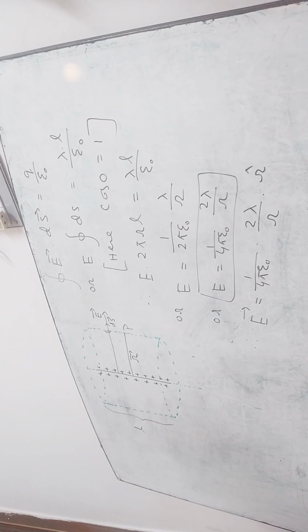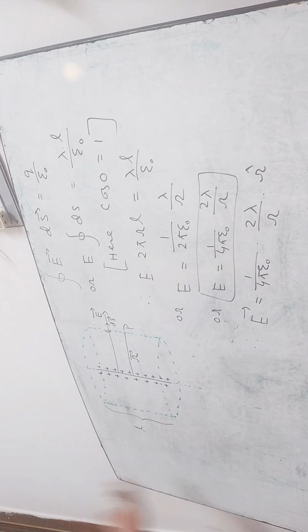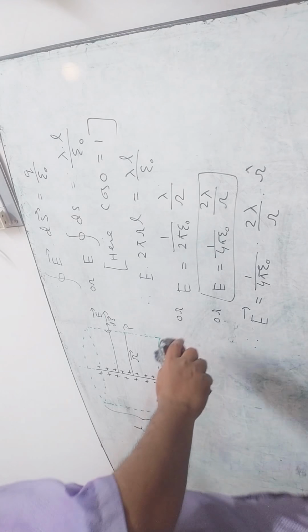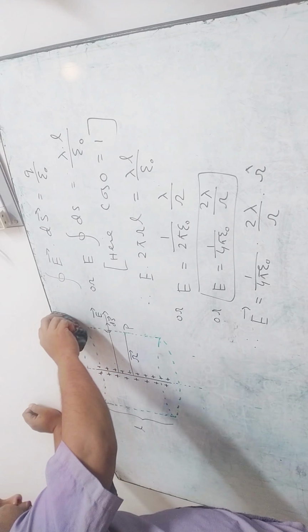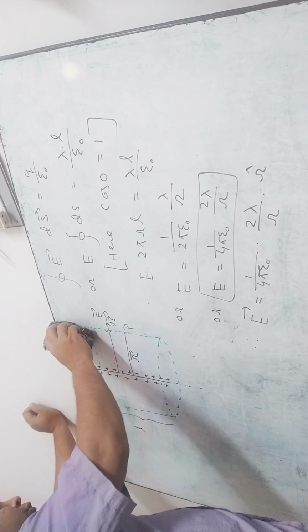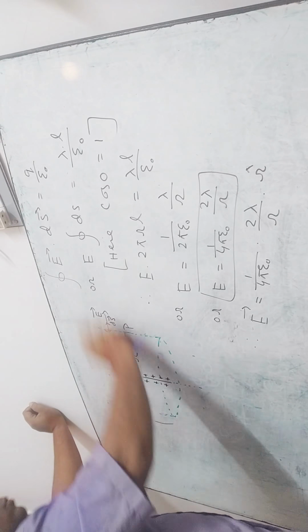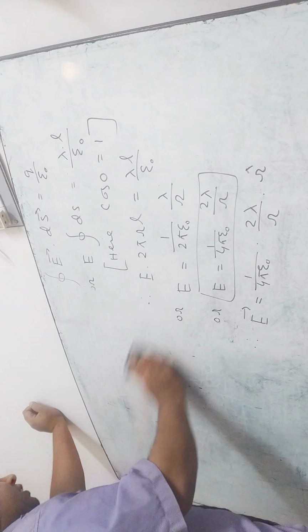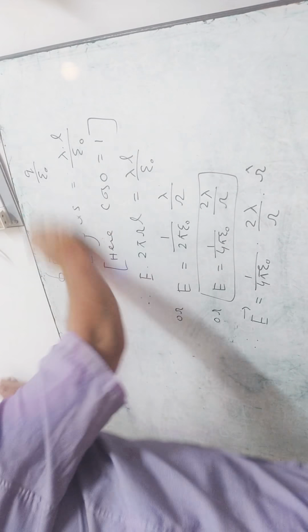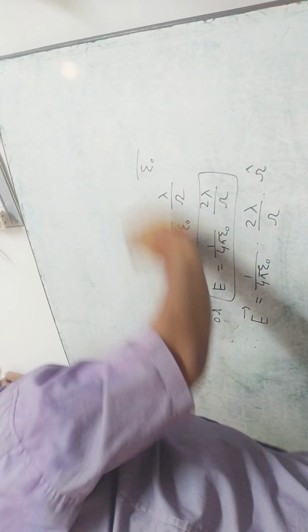Now I am going to discuss the electric field produced at a point due to a uniformly charged sphere, or uniformly charged hollow sphere. First, hollow sphere.